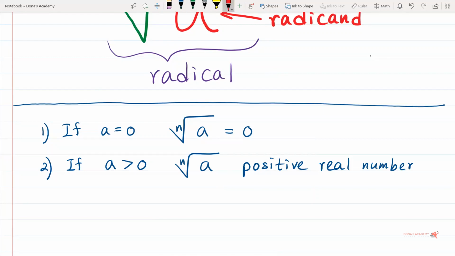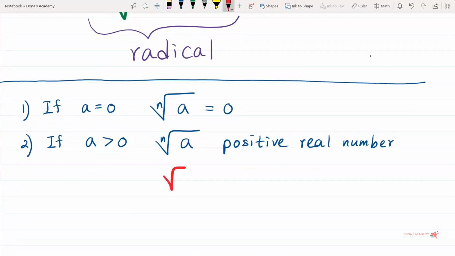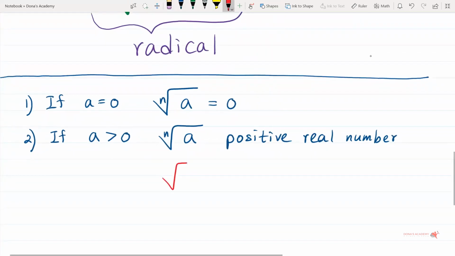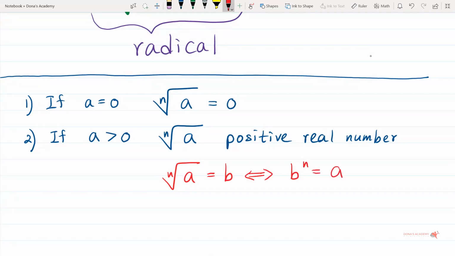This means that if we take the nth root of a as b, then we know that b to the power n is a, right? This is the meaning. And b is going to be always a positive real number if a is positive, okay, for whatever n.